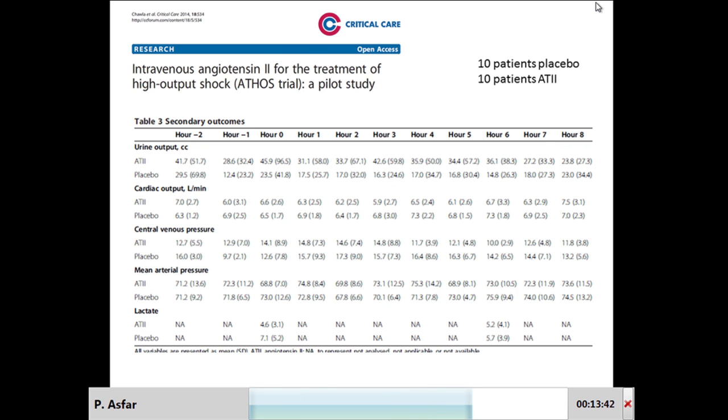And in this short-term study, they assessed secondary outcomes, but there was no effect of angiotensin as compared with norepinephrine. Urine output, cardiac output, central venous pressure, mean arterial pressure, and lactate were the same in the two groups.